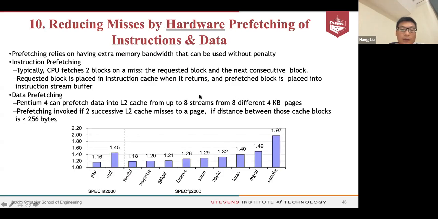Okay. Reducing misses by hardware prefetching of instructions and data. These are two prefetchings. Basically, prefetching relies on prior history to fetch the data, right? Typically, the CPU fetches 2 blocks on a miss, the requested block and the next consecutive block. We do have instruction prefetch and data prefetching.